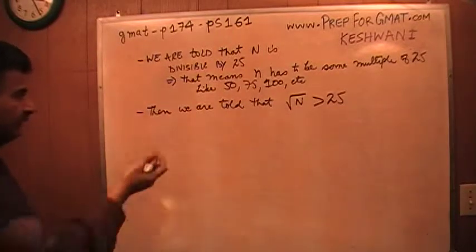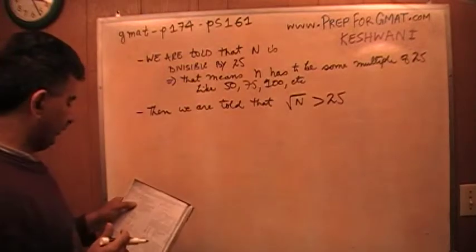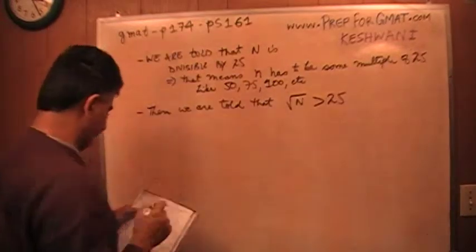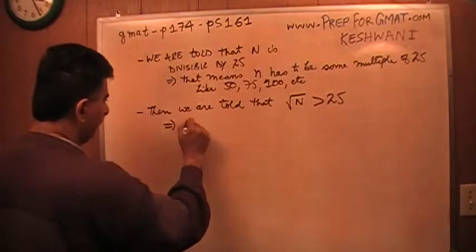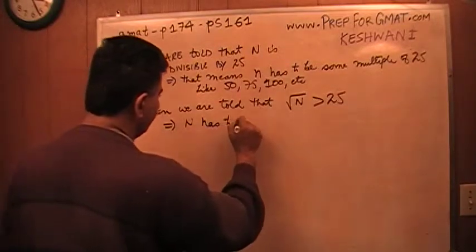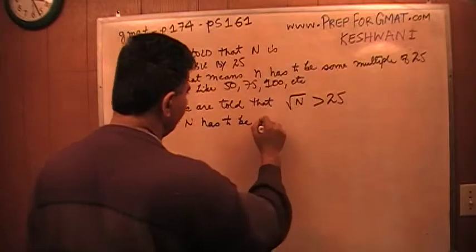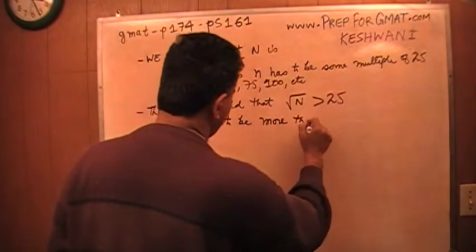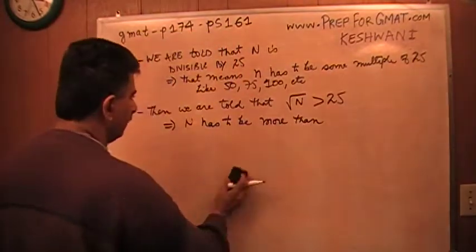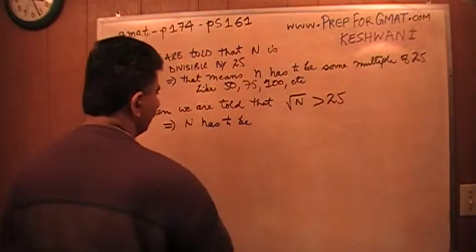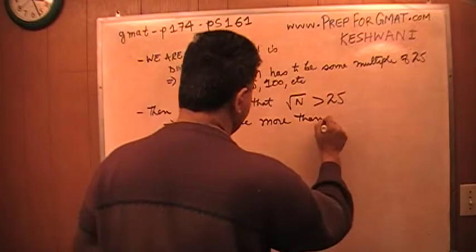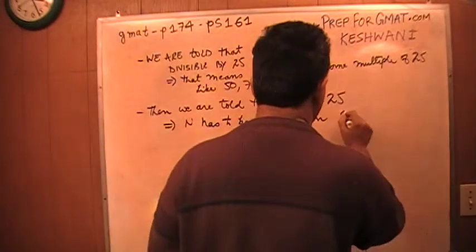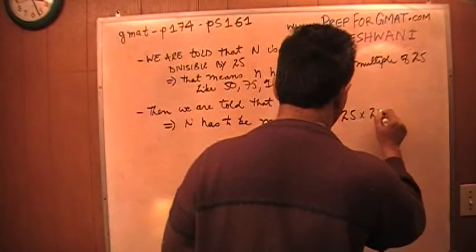This statement implies that if the square root of n is more than 25, then n has to be more than 25 times 25.